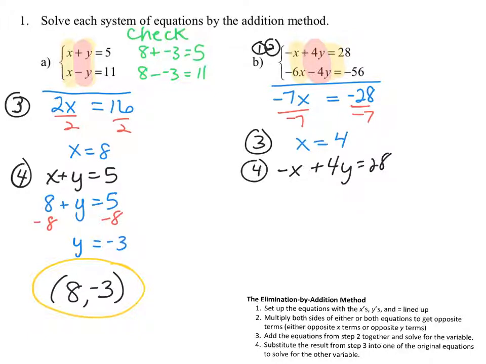I'm going to replace the x in that equation with 4 and then solve by adding 4 to both sides. And then we get 4y is equal to 32. And then we can divide both sides by 4 to get y is equal to 8.